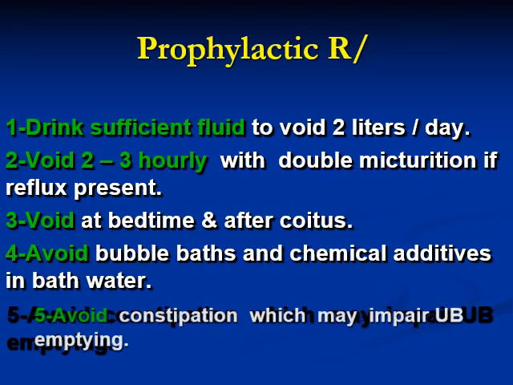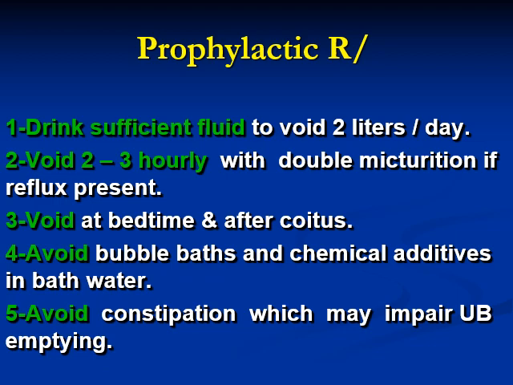The prophylactic treatment includes instructing the patient to drink sufficient fluids to maintain a urinary output exceeding 2 liters per day, to void every 2 to 3 hours with double micturition if there is a vesicoureteric reflux, voiding at bedtime, avoiding bubble baths and chemical additives to the bath water, and avoiding constipation which may impair urinary bladder emptying.